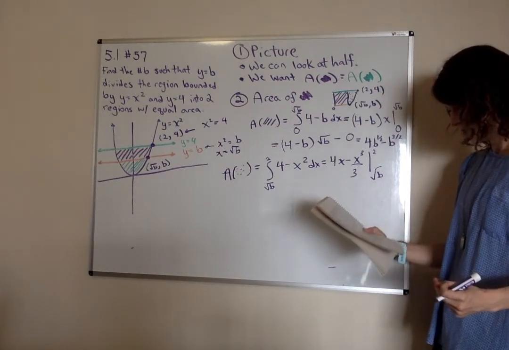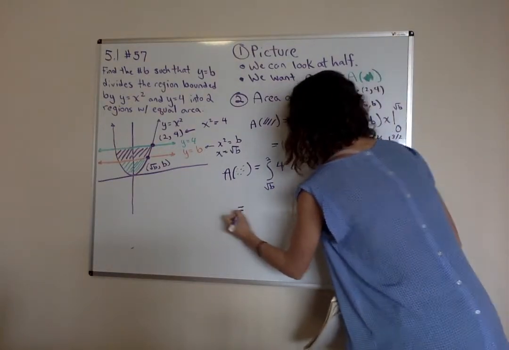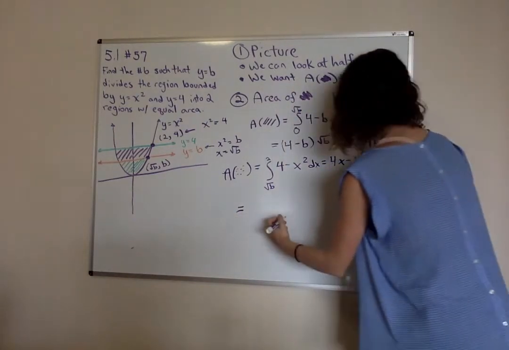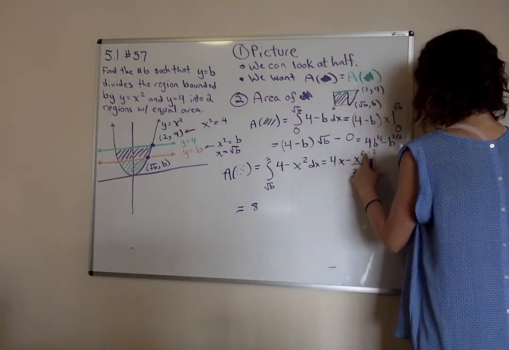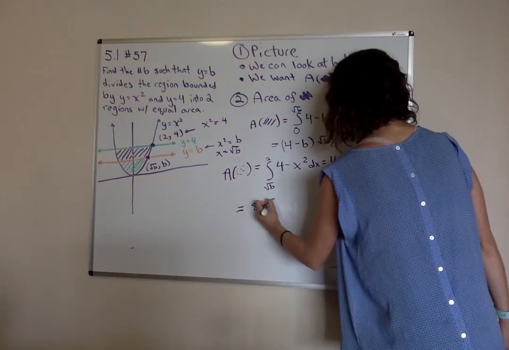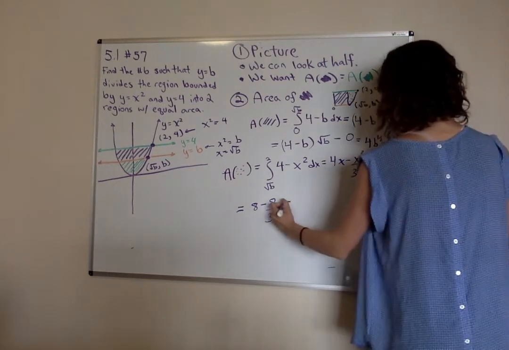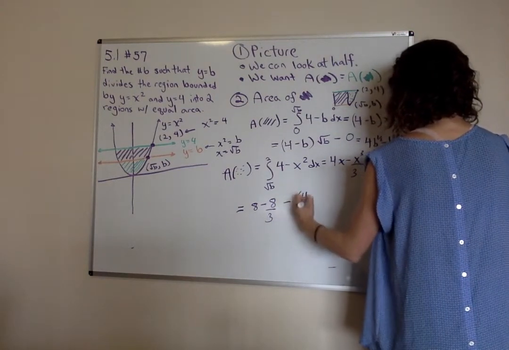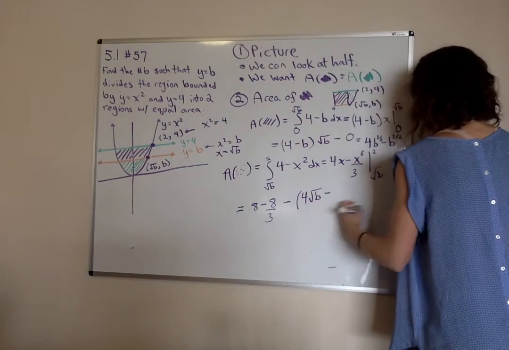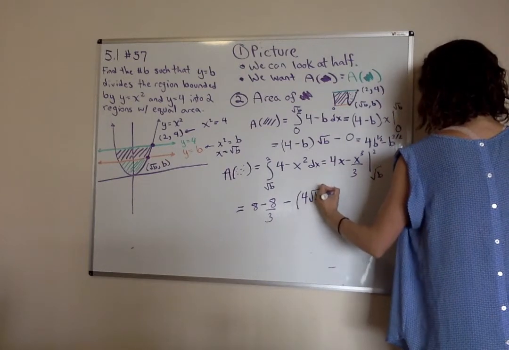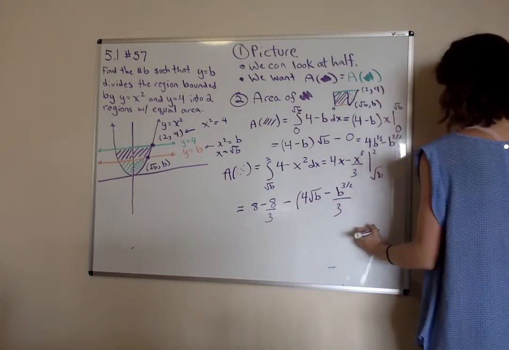So I have 4 times 2, which is 8, minus 8 over 3, minus 4 root b minus root b cubed, which is b to the 3 halves, over 3.